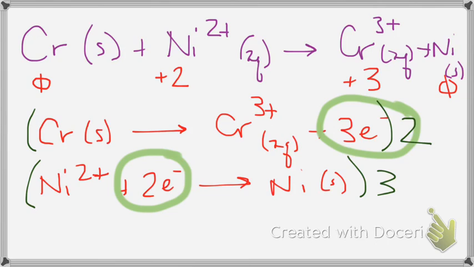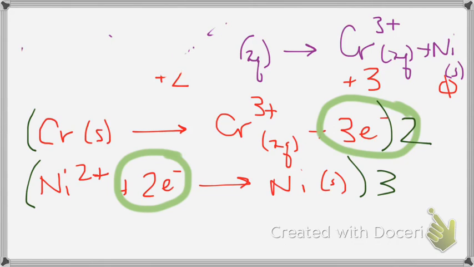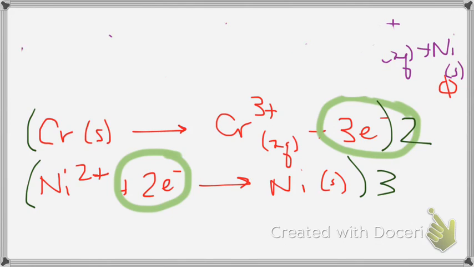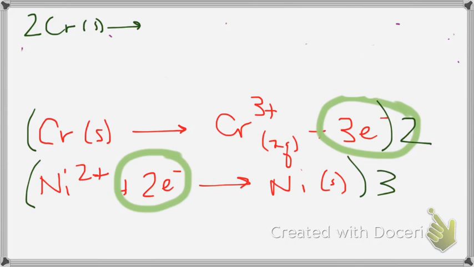So let's do that. Let me erase the top here so that we can see what I'm talking about. When we multiply the chromium reaction by 2, this is what we're going to end up getting. We're going to get 2 chromiums making 2 chromium cations plus 6 electrons.